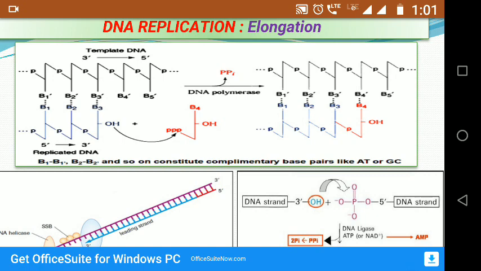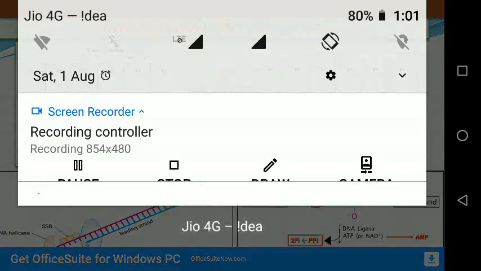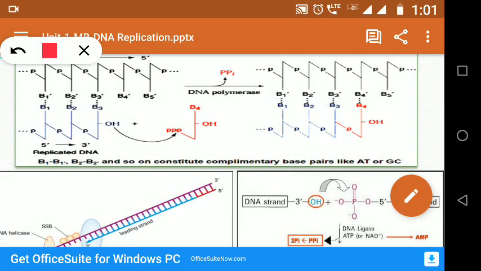In the elongation, the DNA polymerase will elongate the RNA primers. In the initiation we have seen that the synthesis of DNA is not initiated on its own by the DNA polymerase. It requires the assistance of the RNA primase enzyme.